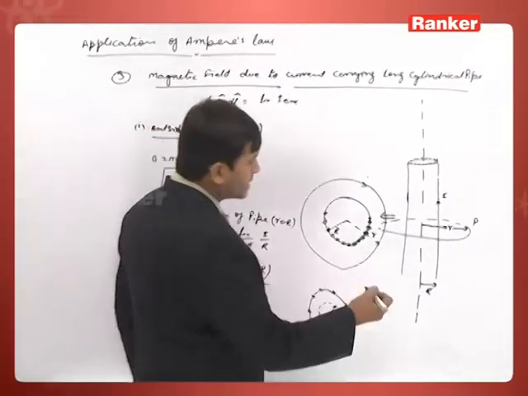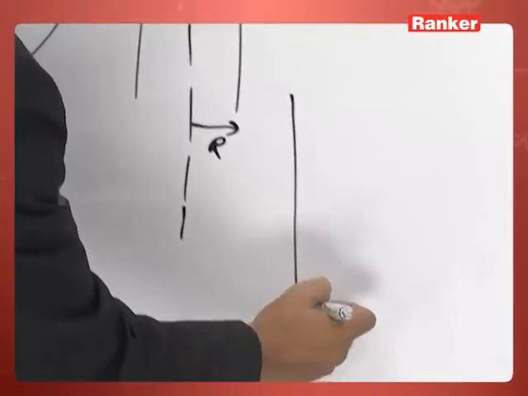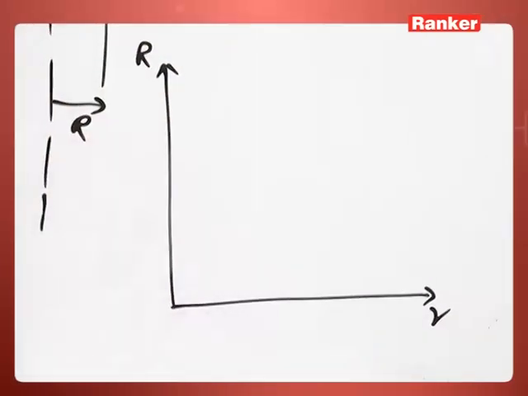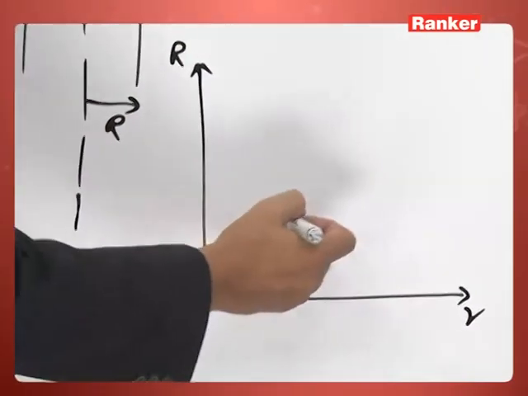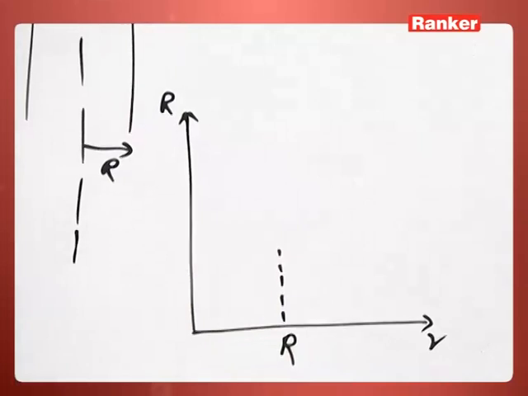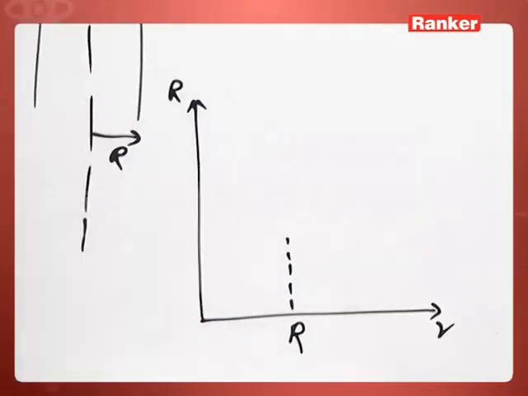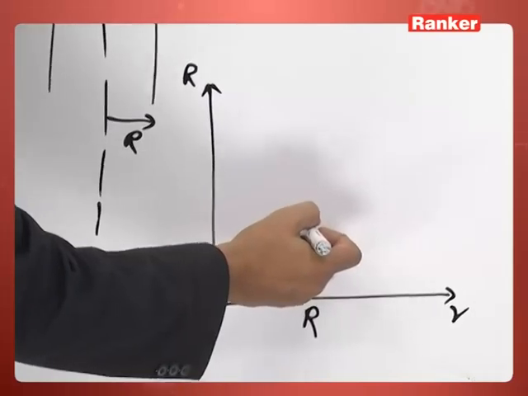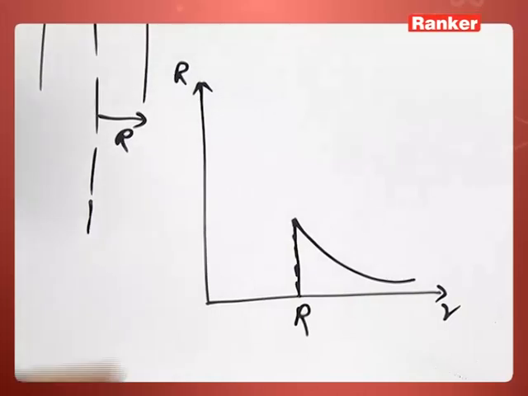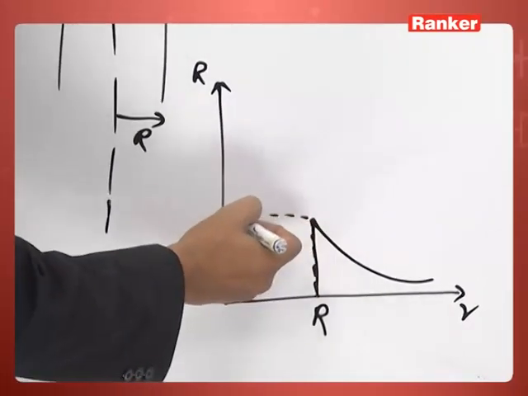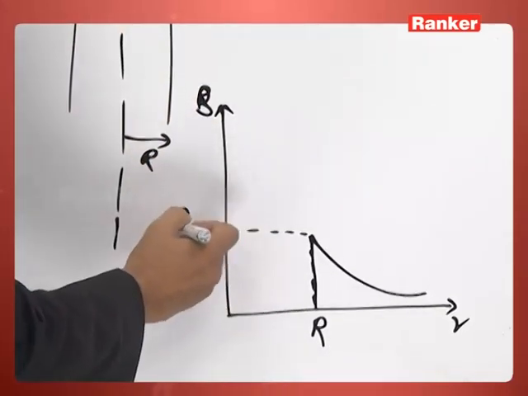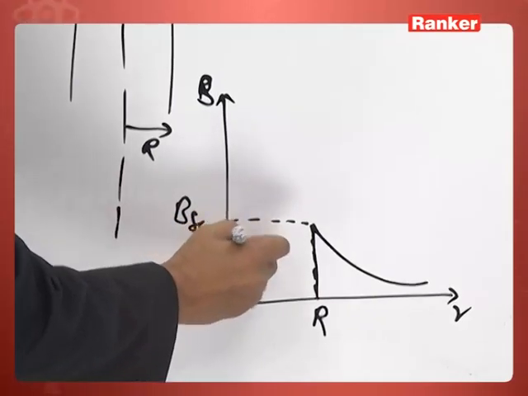So if we want to make a graph of the variation of magnetic field with distance from the axis of the current-carrying cylindrical pipe, we found there is no magnetic field up to the surface. Immediately at the surface the field will be there. After that the field decreases, and this field is the same as the outside field beyond the surface.